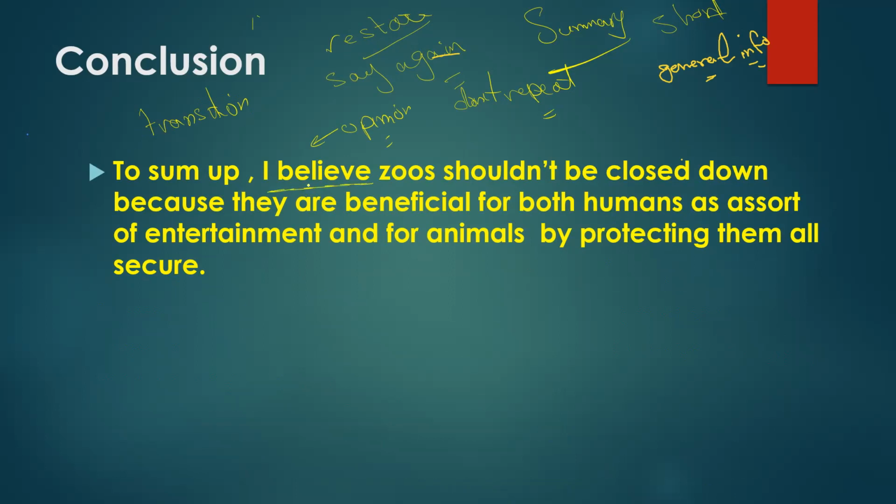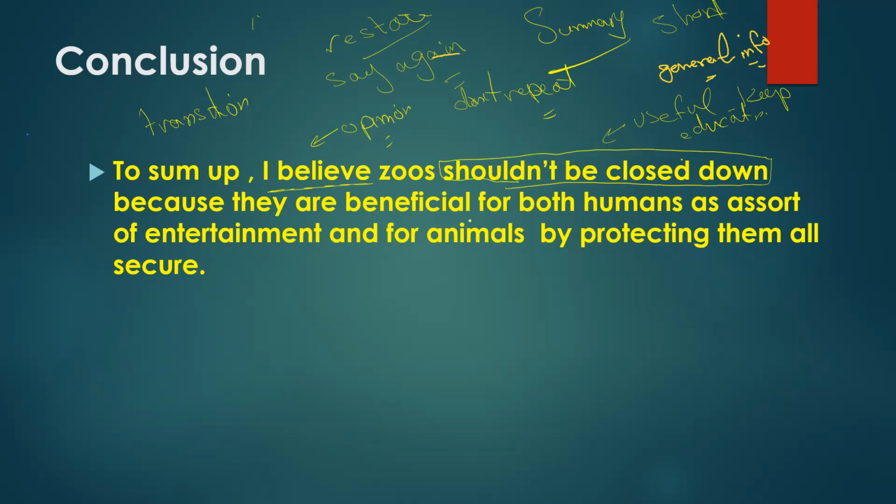What do you believe? Zoos shouldn't be closed. So he didn't repeat what he mentioned before. Earlier in the paragraphs, he said that they are useful, they keep animals, they are educational, we can learn. Here he used the same meaning but in different phrases. So he rephrased or reworded what he mentioned.